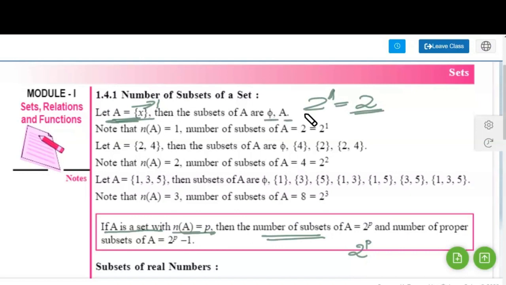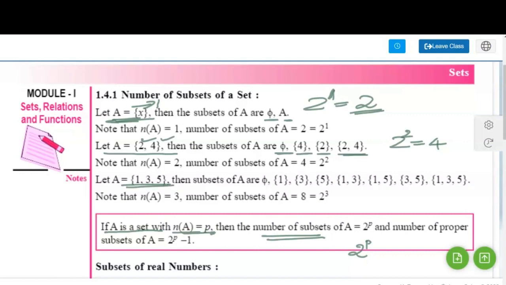Okay. Now let's take another example. Here you have got two elements. Since two elements are there, the number of subsets possible is 2 raised to 2, that is 4. In that case, one is empty, then 2, and 4, separately these two elements, and then the combination of both, and nothing. 4 subsets are there.